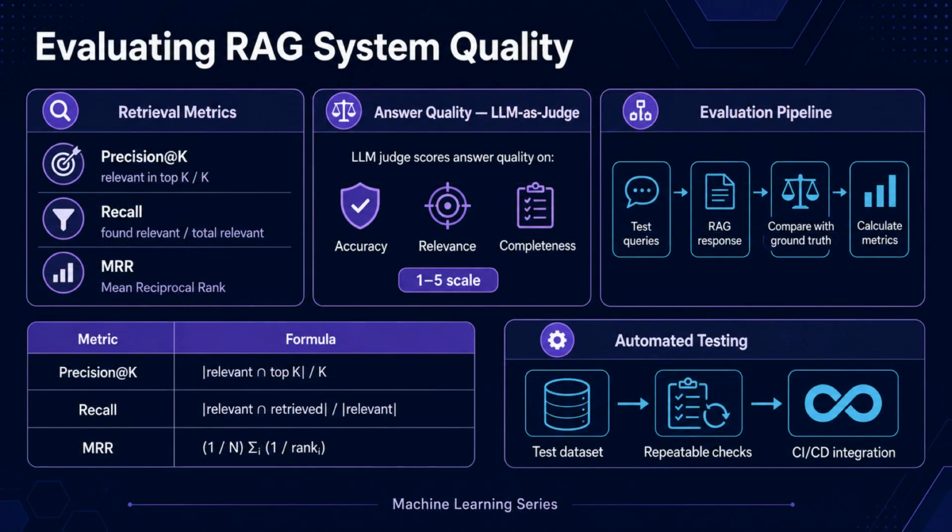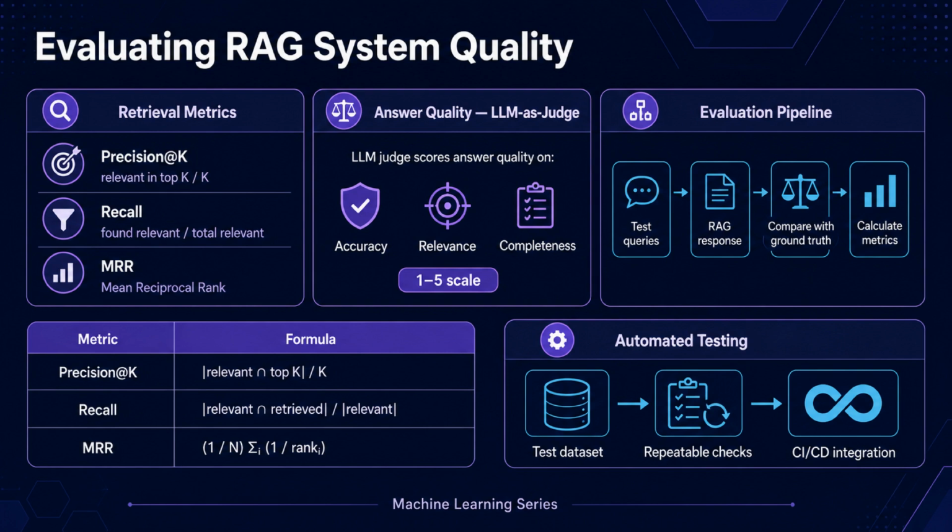Evaluating RAG quality requires both retrieval and generation metrics. For retrieval, measure precision at K, showing how many of the top K results are relevant, recall showing how many relevant documents were found, and MRR, mean reciprocal rank, measuring how quickly the first relevant result appears.